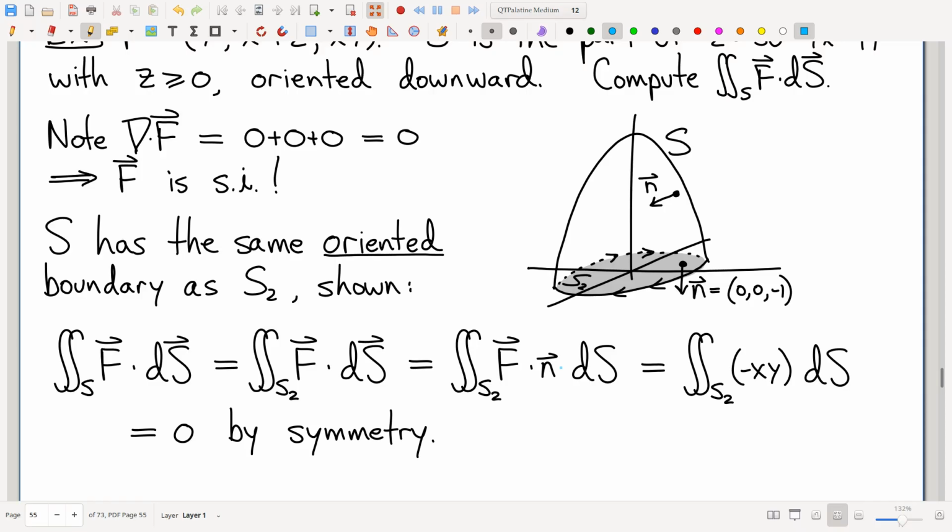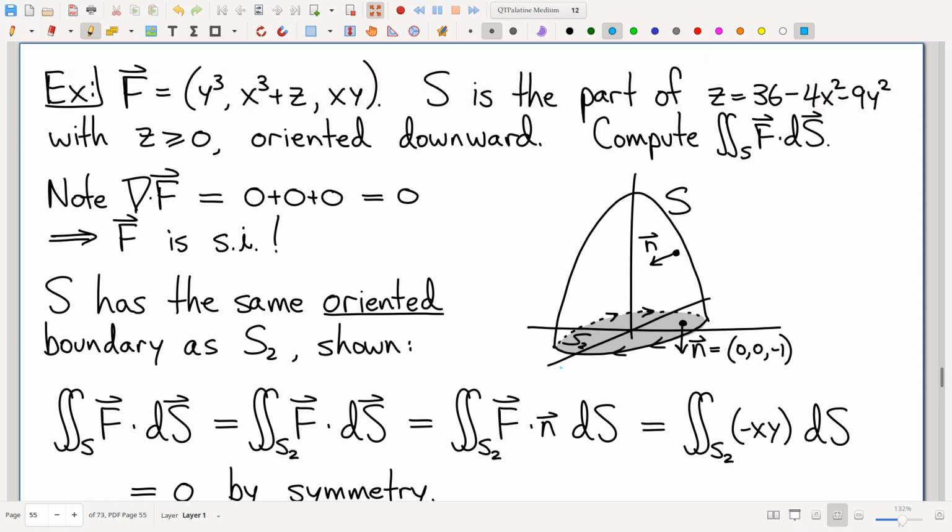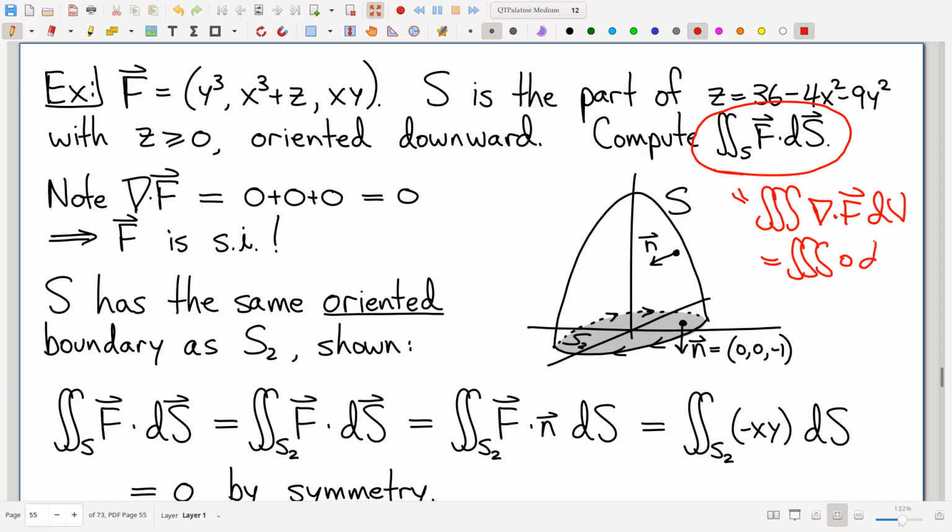All right, now, real quick, I'm going to address a mistake that is a tragic, total landmine situation. Some students will see this integral and say it equals the triple integral of divergence, which equals the triple integral of 0, because after all, the divergence is 0.